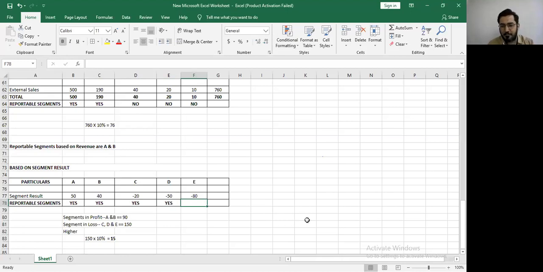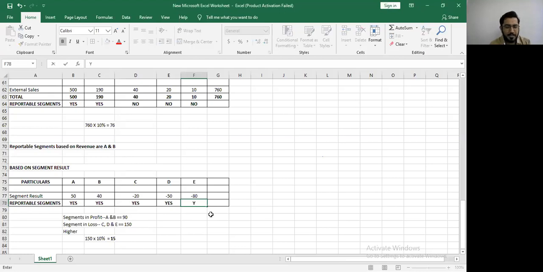And finally, segment E. What do you say? Is segment E reportable?